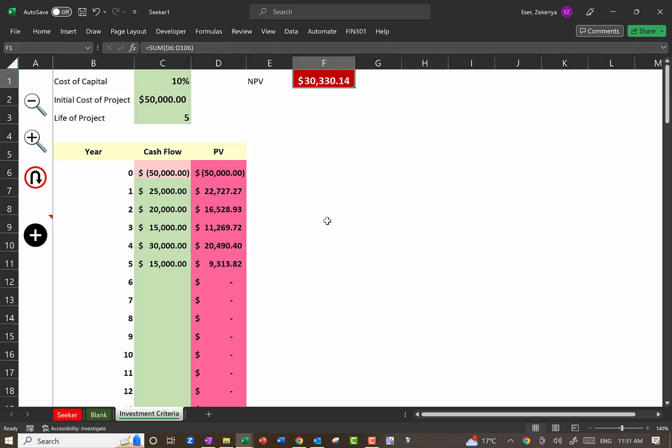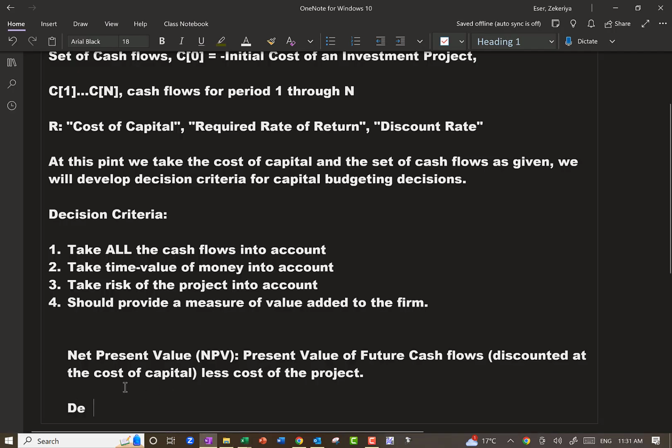Okay. So what's the decision rule on NPV? Accept the project if NPV is greater than 0.